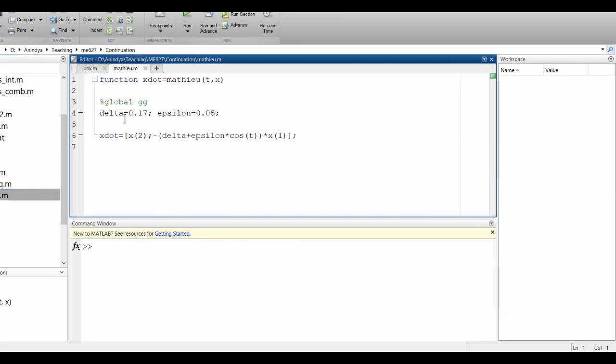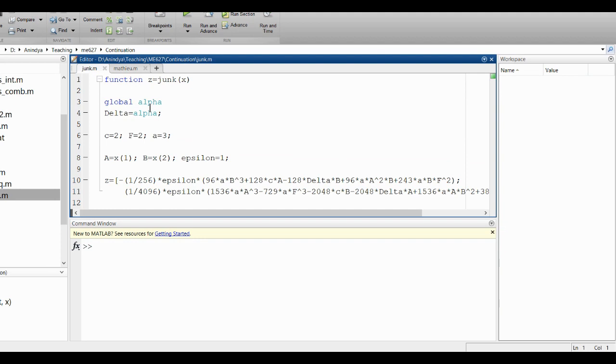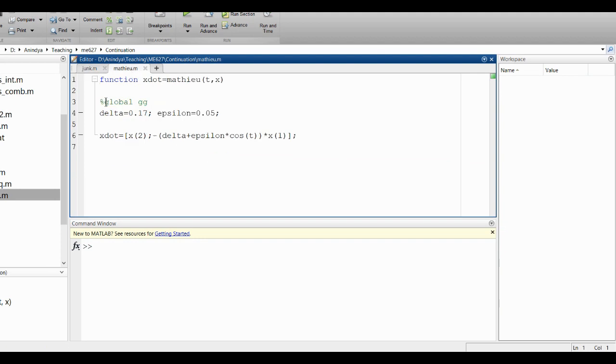Mathieu equation, let me remove this. Over here I will need a global parameter, which is the alpha parameter. So over here let me say alpha, and delta.